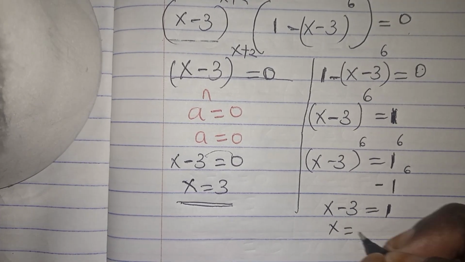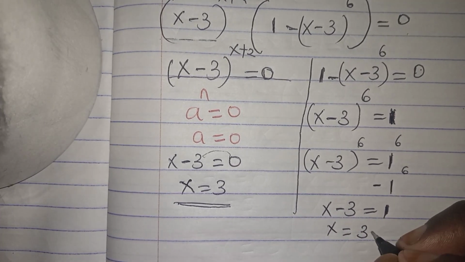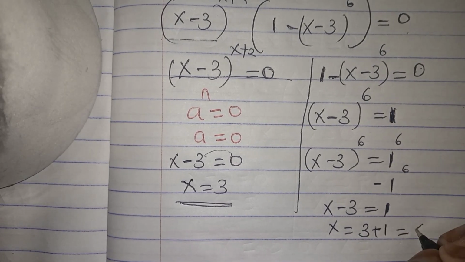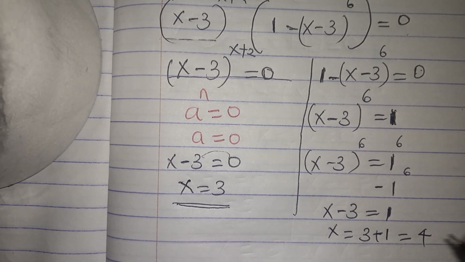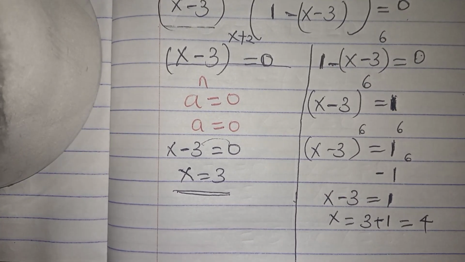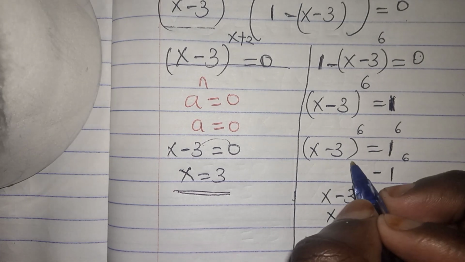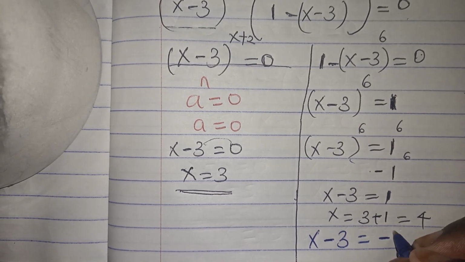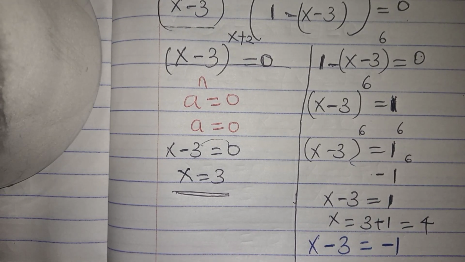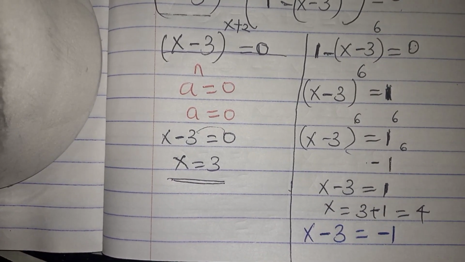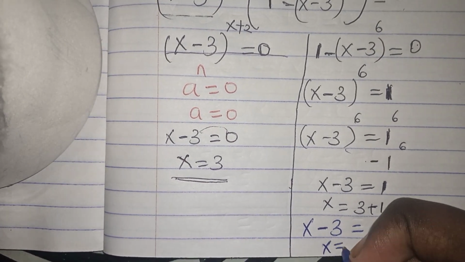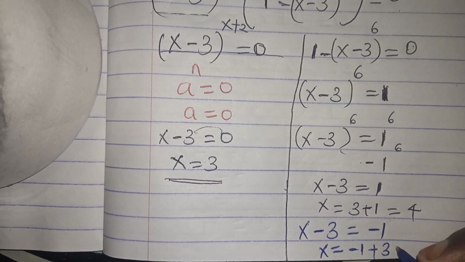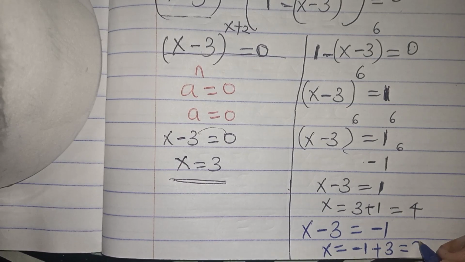So x = 3 + 1, which is equal to 4. And on the second step, x - 3 = -1. So x = -1 + 3, which is equal to 2.